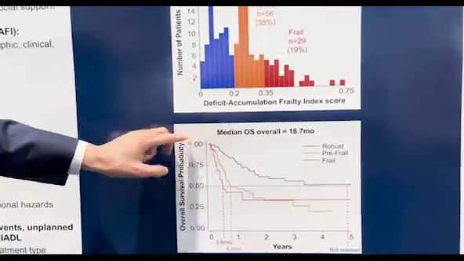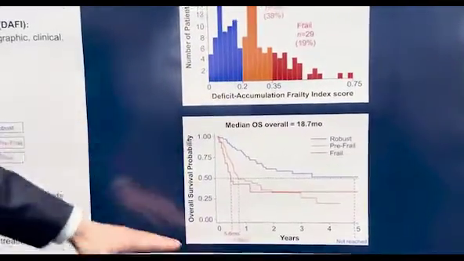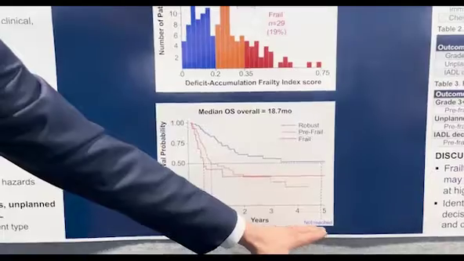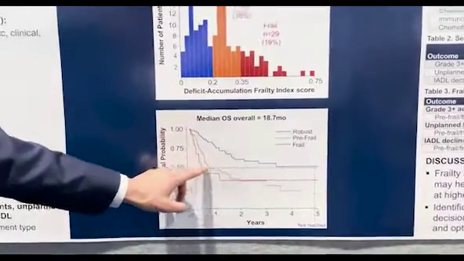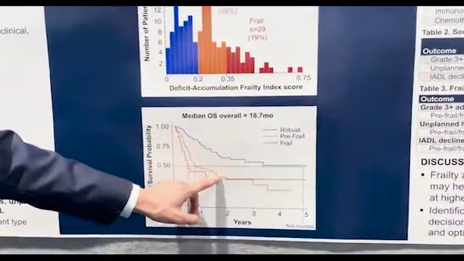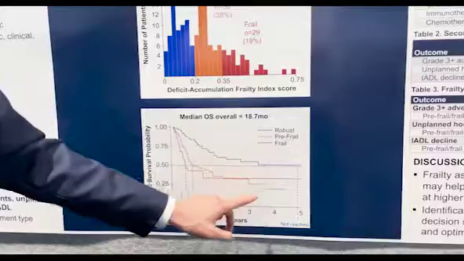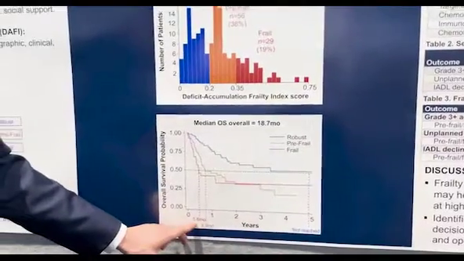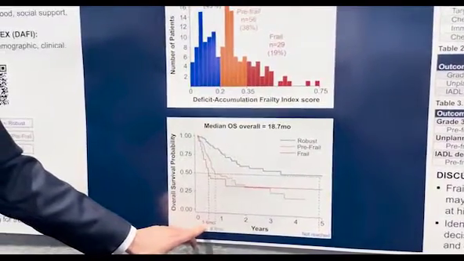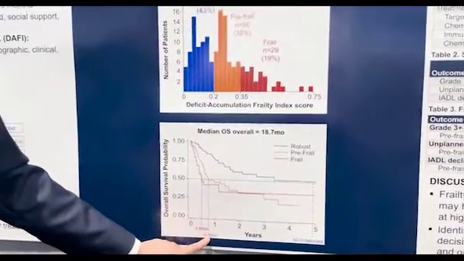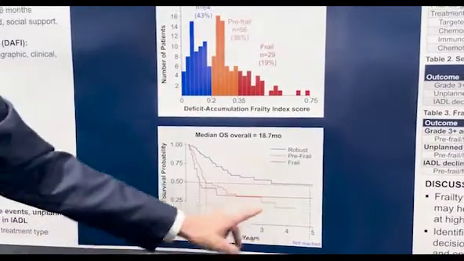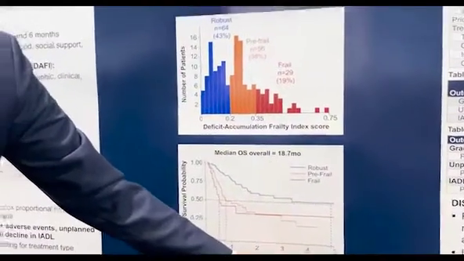This is a Kaplan-Meier curve just showing their survival over a number of years. You see these curves really separate, where the patients in the red and the orange, the frail and pre-frail, have worse survival. Here, the median survival for frail patients was 5.6 months, pre-frail was 8.9 months, and for robust patients, we actually hadn't even reached the median survival yet.